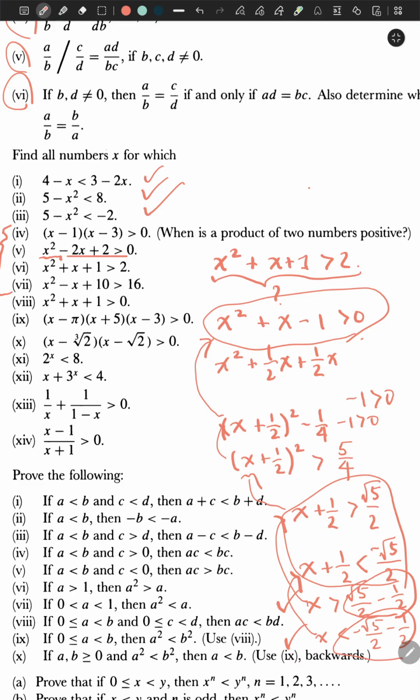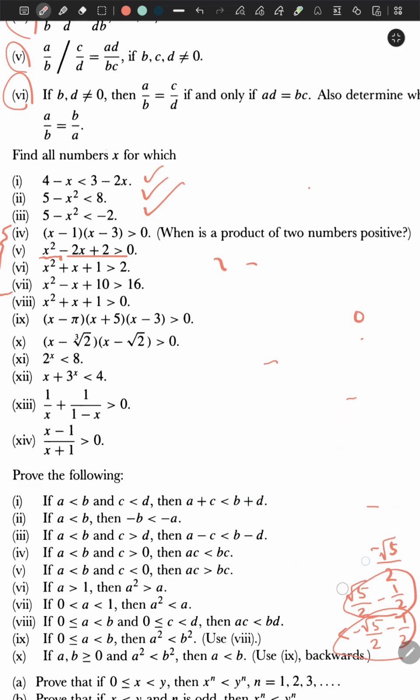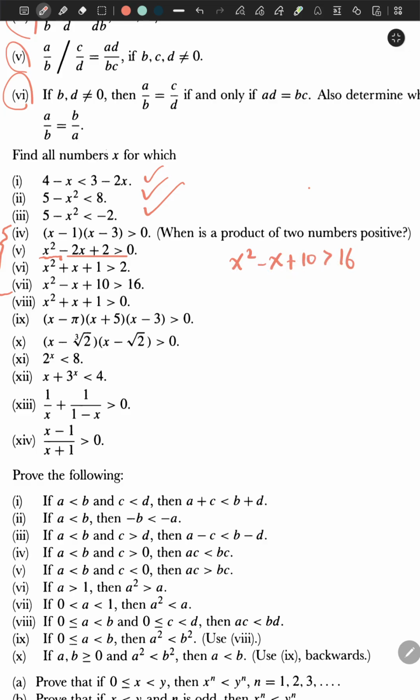All right. So now let's get to problem VII. Let me finish up erasing this. x squared minus x plus 10 greater than 16. When is it true? This is true when x squared minus x minus 6 is greater than 0.